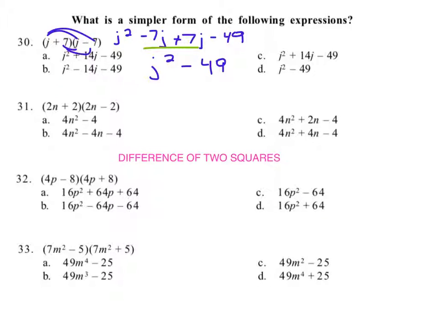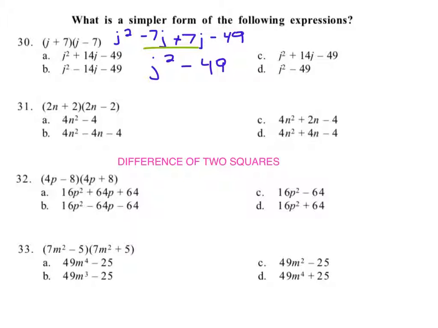And you should get familiar with this term. What does it mean? Well, the difference is the answer to a subtraction problem. Notice that these are being subtracted between them. And in the difference of two squares, this is a perfect square, j times j, and this is a perfect square, 7 times 7.